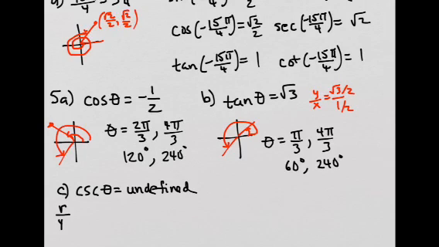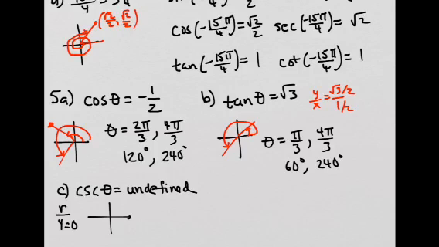Alright, for letter C, cosecant theta is undefined, and remember, cosecant theta is r over y. So for a ratio to be undefined, the y, or the denominator, would have to be 0. So where on the unit circle is the y 0?